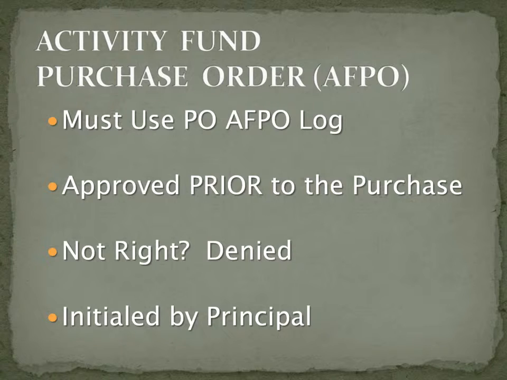Prepared in advance of the order or purchase, the approval of the AFPO must be secured prior to placing the order or making the purchase. Violation of proper approval procedures will result in a denial of payment from school funds. Modifications to the AFPO must be initialed by the principal.